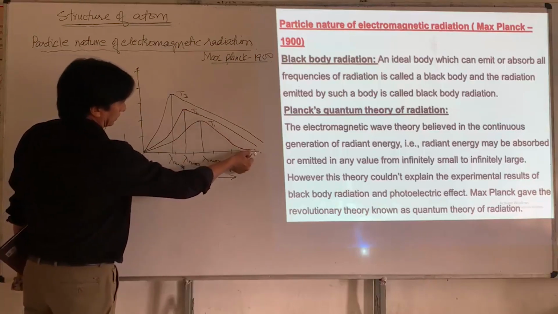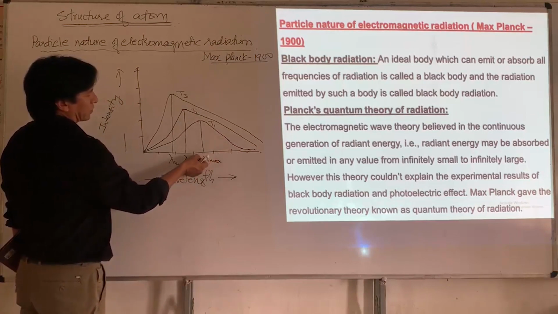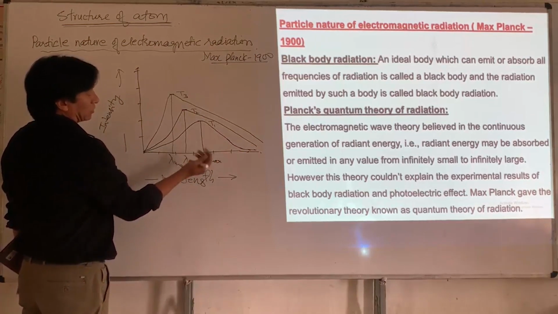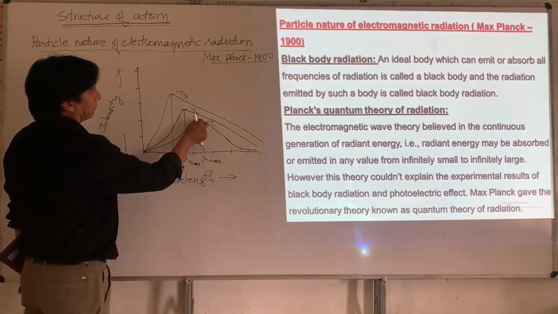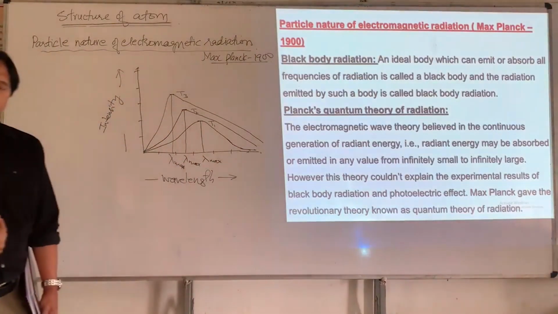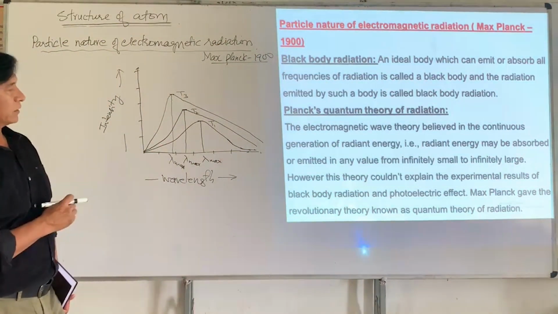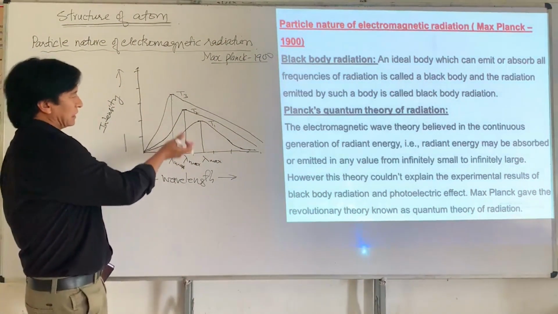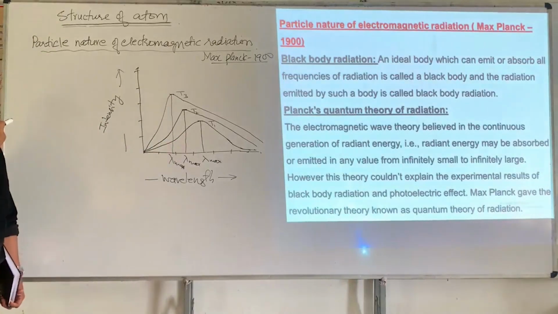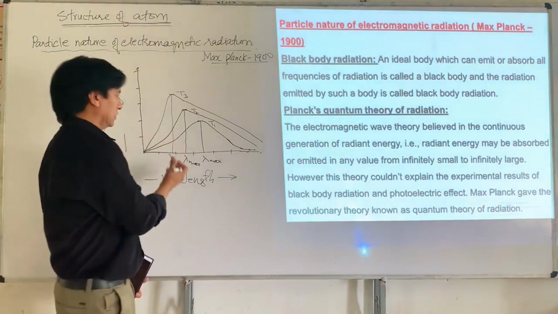That's fine, which means energy is also increasing, and with further decrease in the wavelength, frequency should increase, and then the graph will be going up something like this. So this is actually quite confusing, difficult to explain.